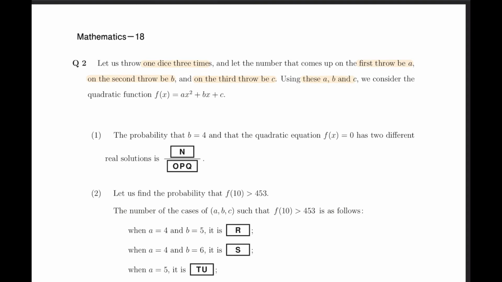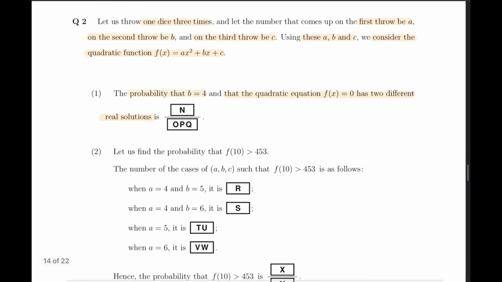Using this A, B, and C, we consider the quadratic function f of x equals ax squared plus bx plus c. The probability that b equals 4 and that the quadratic equation f of x equals 0 has two different real solutions is blah blah blah. They already tell us that b is equal to 4.